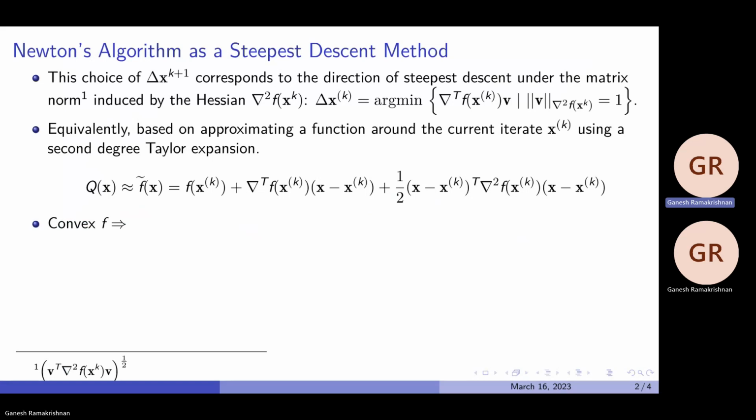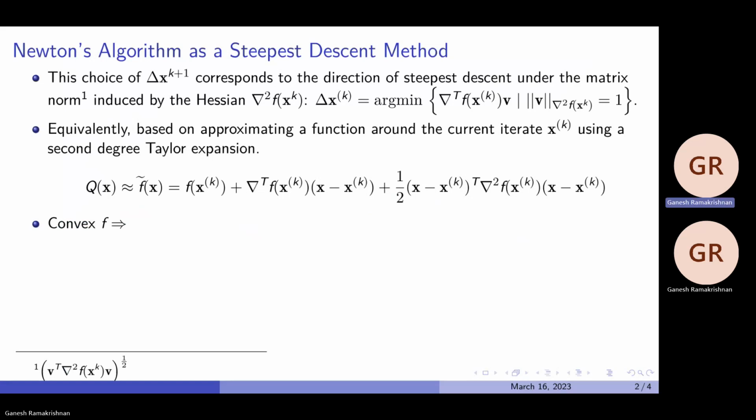So what is it saying? Argmin, minimize, give me the direction delta. This is another equivalent way of looking at it. Give me the direction delta k that minimizes the dot product of the gradient with that vector v, such that the matrix induced norm of v based on the Hessian matrix at that point is 1. Right? If instead of this Hessian based norm of v, I consider the L2 norm of v, then what will I get?